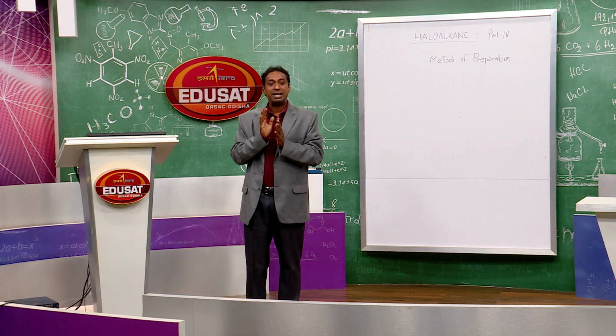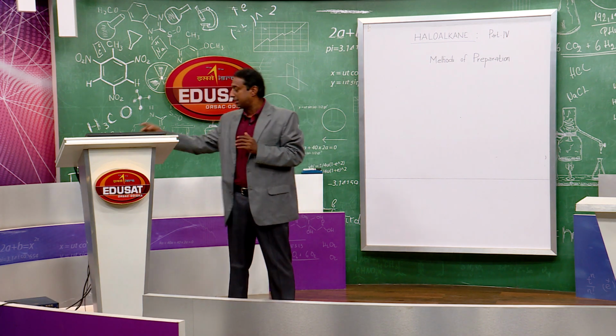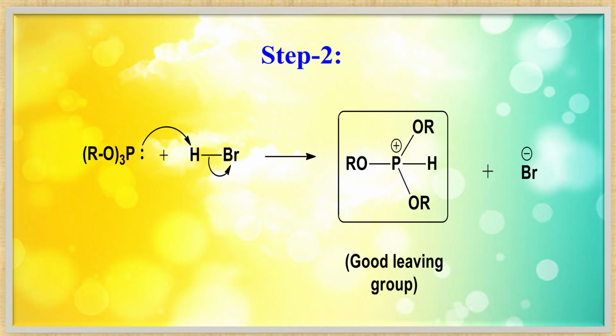This trialkoxyphosphine, you see on the next slide, now when it reacts with HBr, then phosphorus takes up the hydrogen, forming a very good leaving group. A good leaving group is required to remove the OH from the R group and to introduce the halogen.